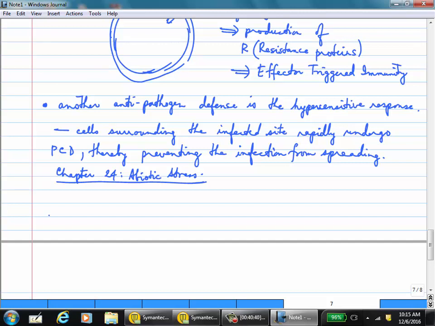So plants and animals respond to stress using dedicated stress response pathways.